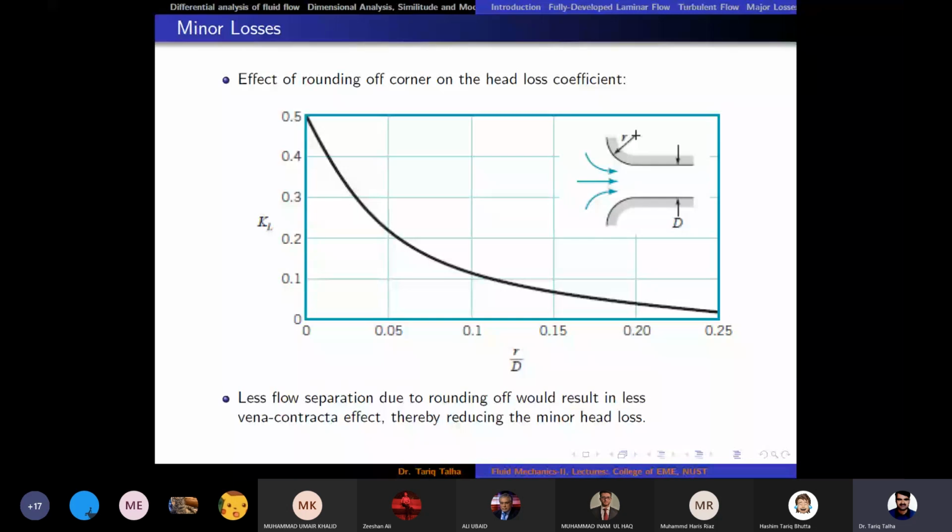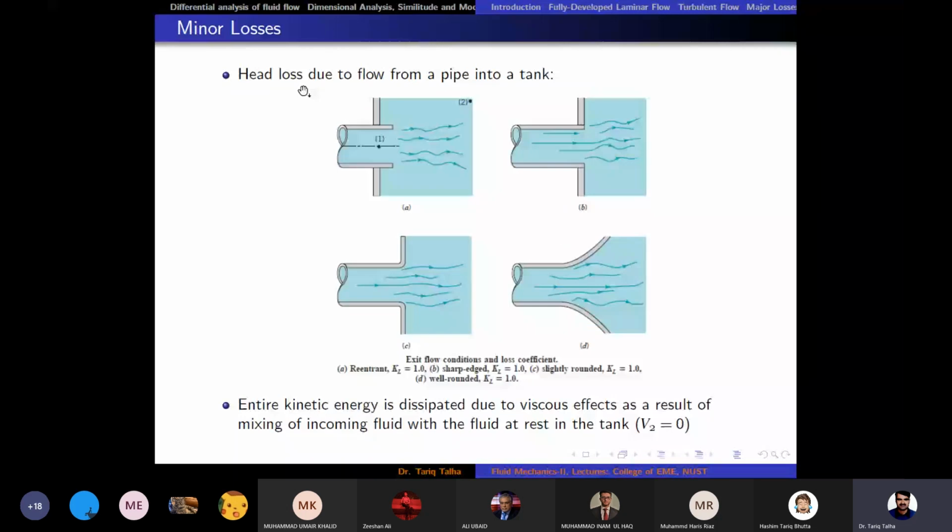So now the second obvious effect would be when the flow comes from a pipe into a reservoir. The earlier case was the flow coming from a reservoir into a pipe. So the second scenario would be the head loss due to the flow coming from a pipe into a tank.